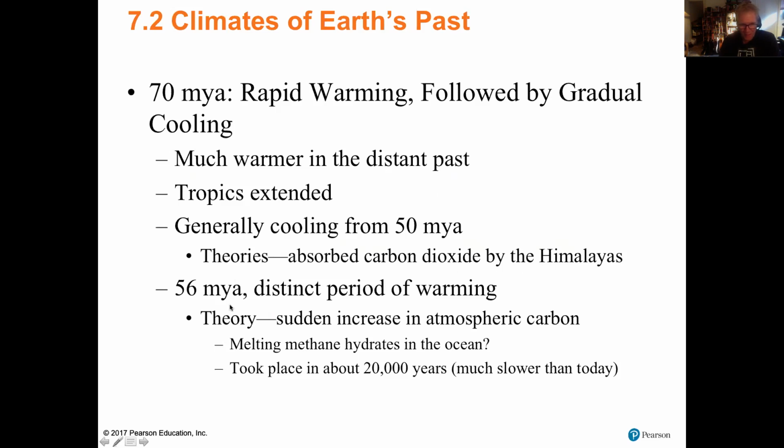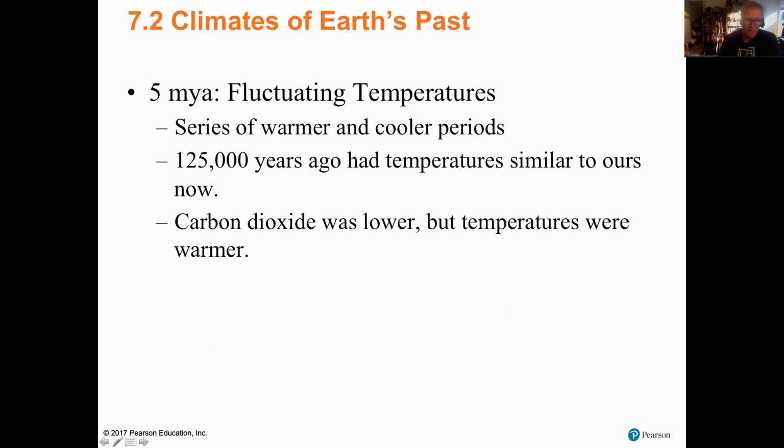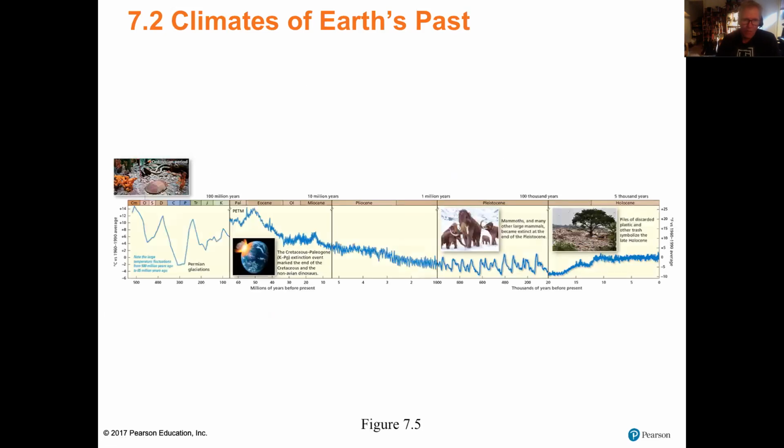Then about 56 million years ago, we start warming again. Most people think that was because of an increase in atmospheric carbon, melting methane in the ocean and so forth. Then about 5 million years ago, we saw very fluctuating temperatures, a series of warmer and cooler periods. About 125,000 years ago, temperatures were very similar to ours. Carbon dioxide was lower, but temperatures were warmer.